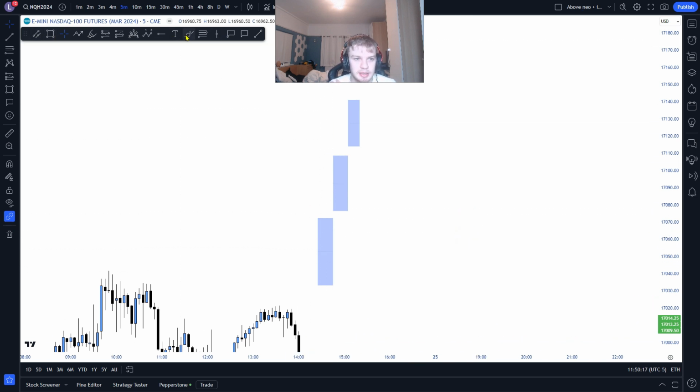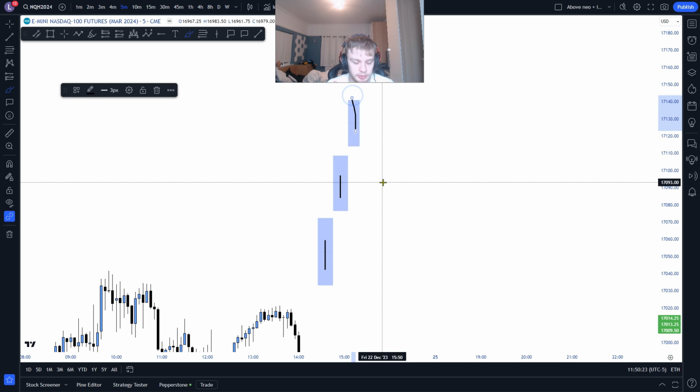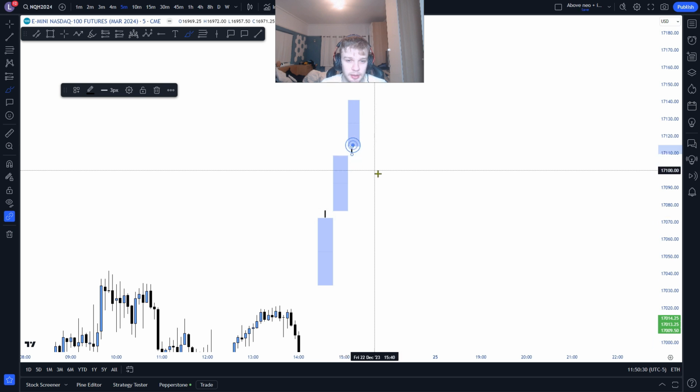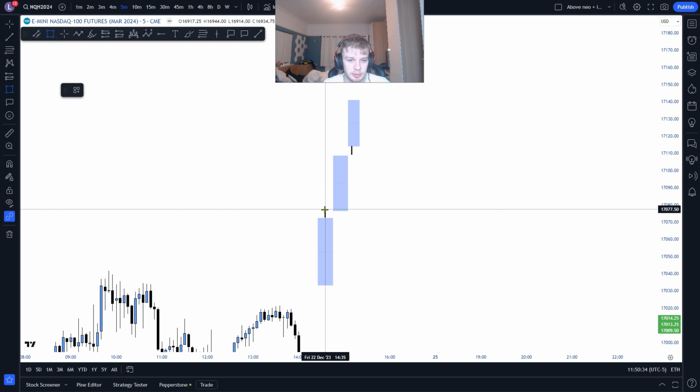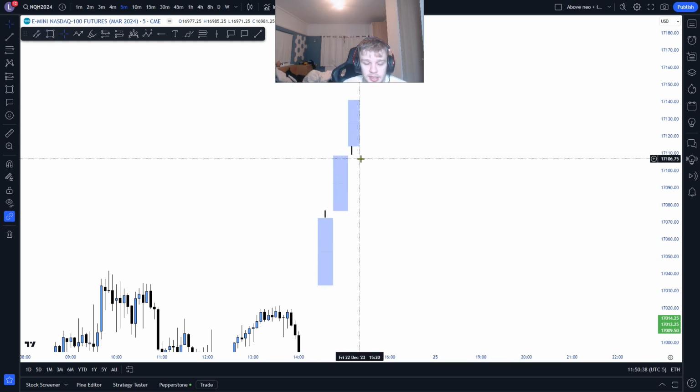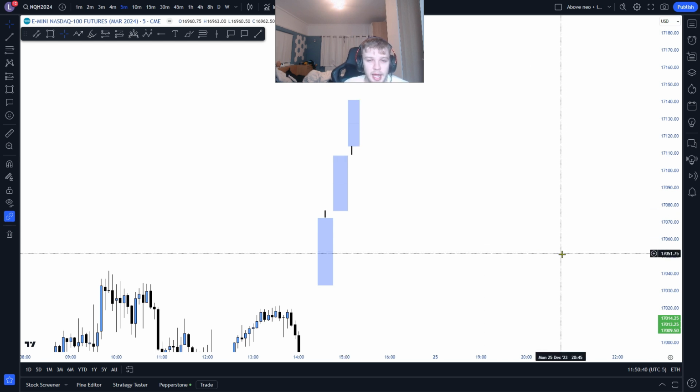Let's count 3 candles: 1, 2, 3. From the first candle to the third candle, there can't be any wicks or body of a candle in between. So right here, this would be a fair value gap because as you can see, this first candle and this third candle do not touch in any way.